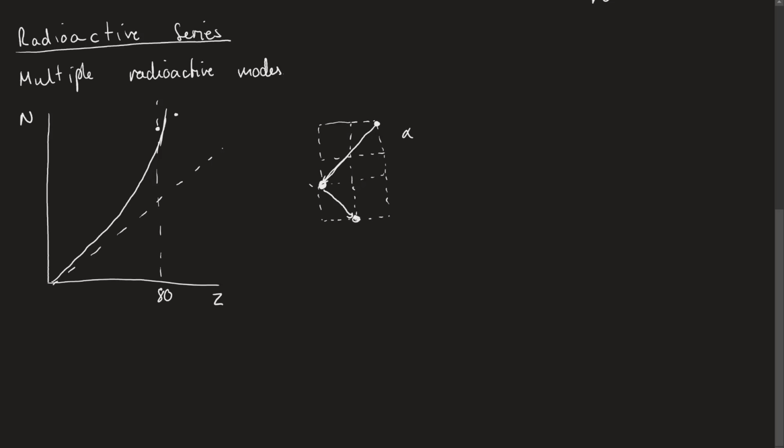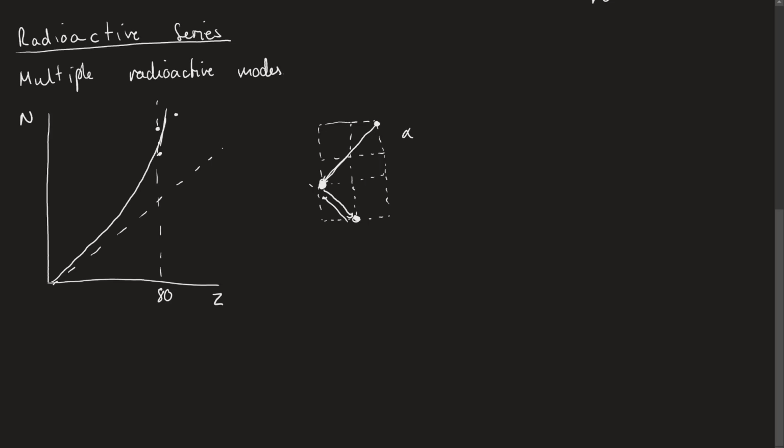And I now have a new isotope, and that new isotope might now be on the other side, and it will undergo beta plus decay. Now when it undergoes beta plus decay, it then has too many protons, so it loses 1 proton, so it's going to go this way, but it gains 1 neutron, so it's going to go back up to here.